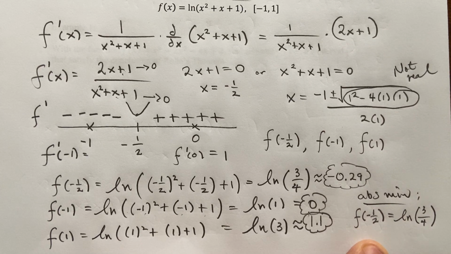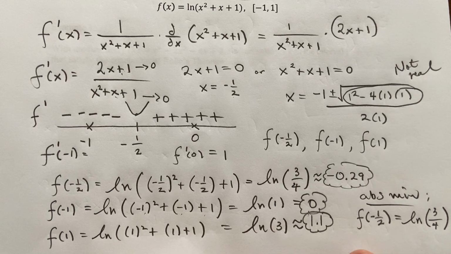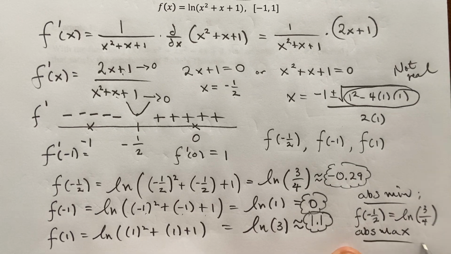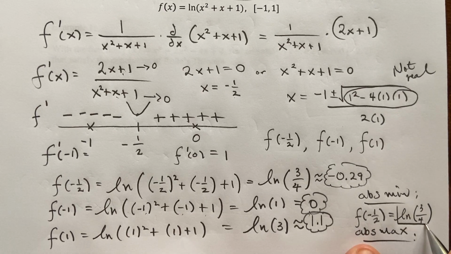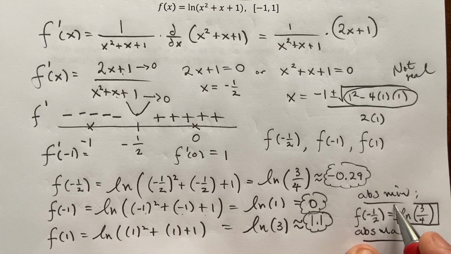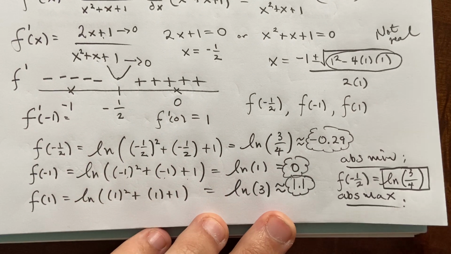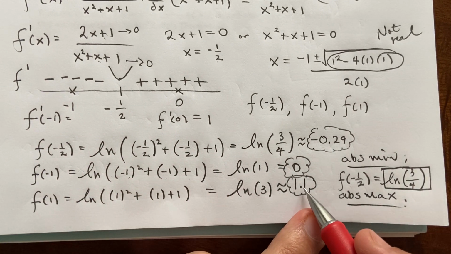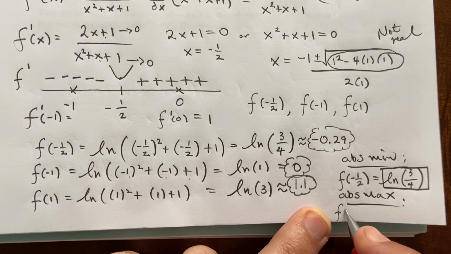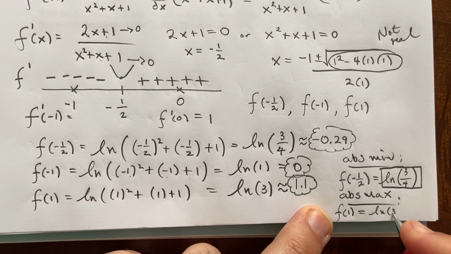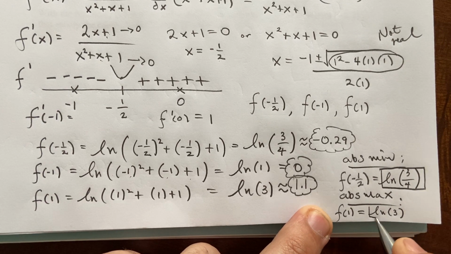The problem didn't say to round. Then I have an absolute max. So this is that min, by the way. Then I have an absolute max of this value. That was f of 1, which equals ln of 3. This would be that absolute max.